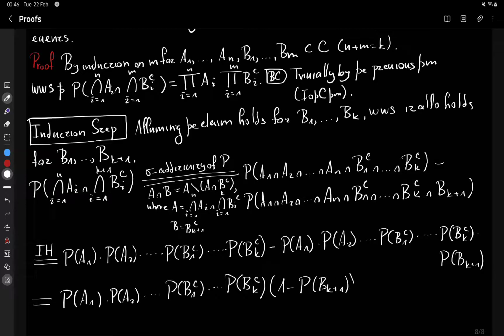Well, this is nothing more than P of B(k+1) complement, which is precisely what we wanted. This is the product that we desired. So this concludes the induction step, and thus the proof.